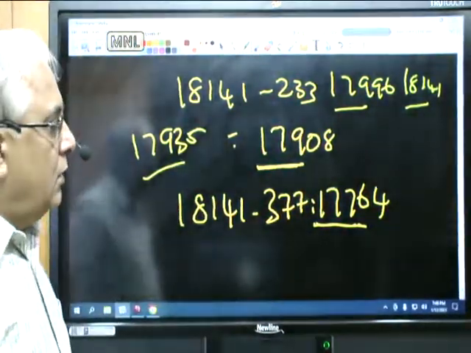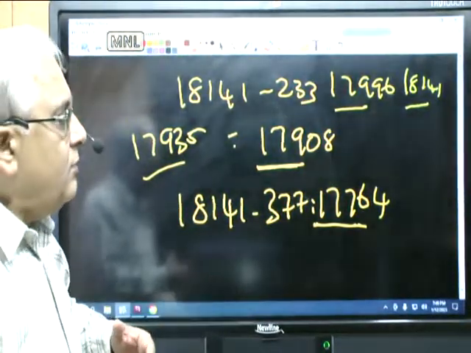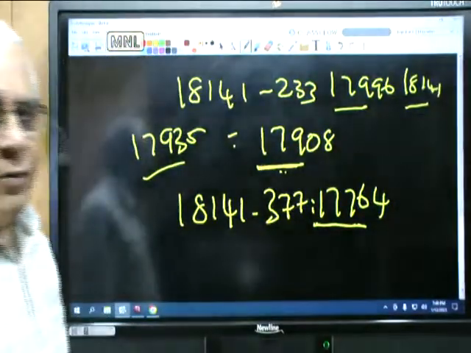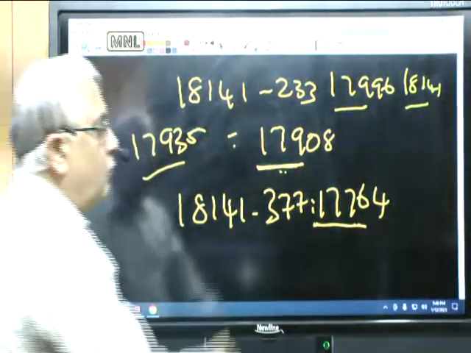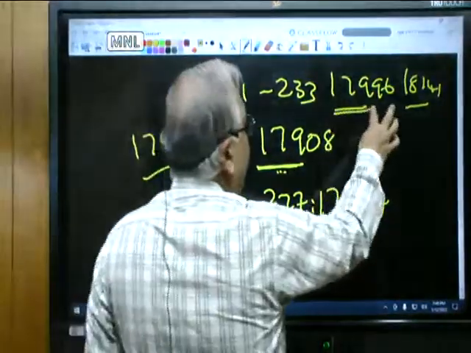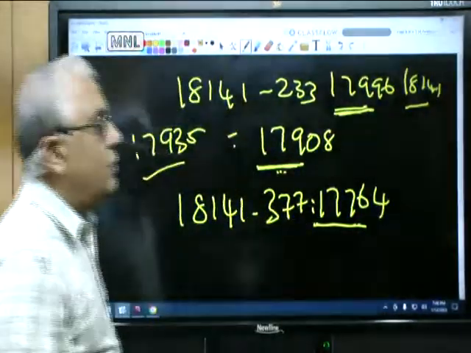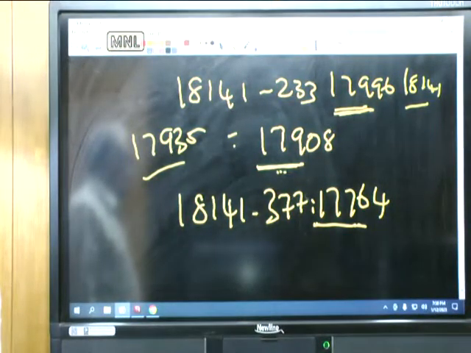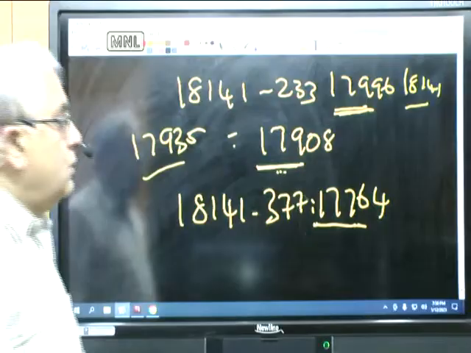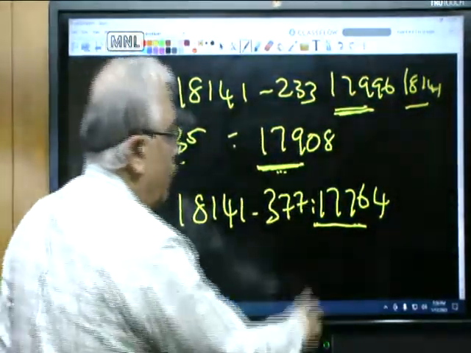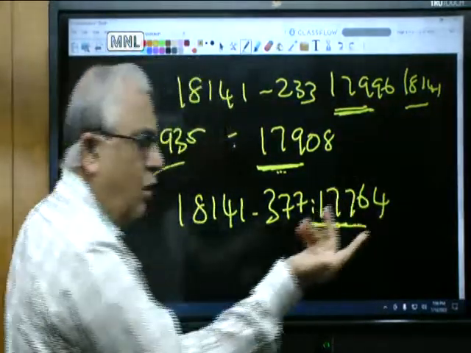Then your trading strategy must be that you sell below 17,908, because that is an important support that you have identified, keeping 17,996 as a stop loss. Okay. Now, let us say it is 17,908, then it goes to 17,764 or approximately that.